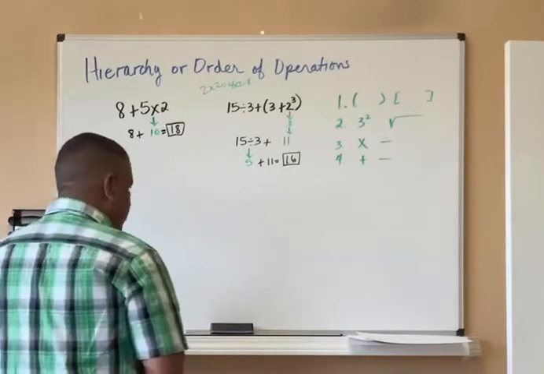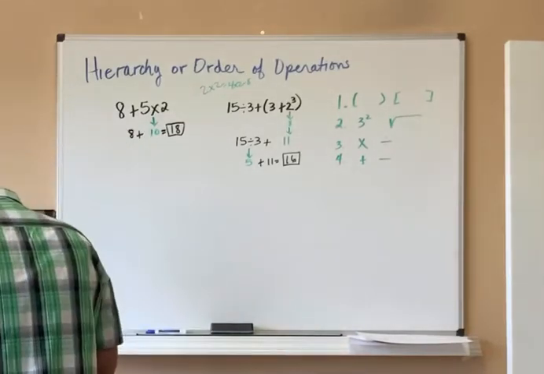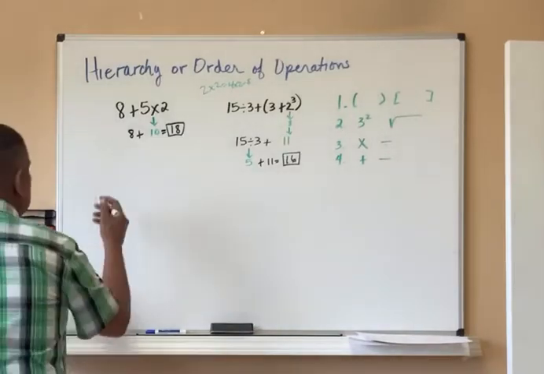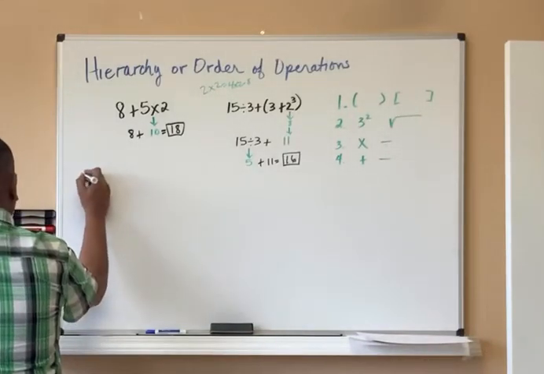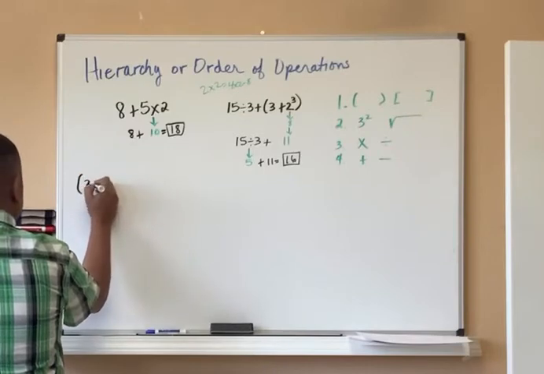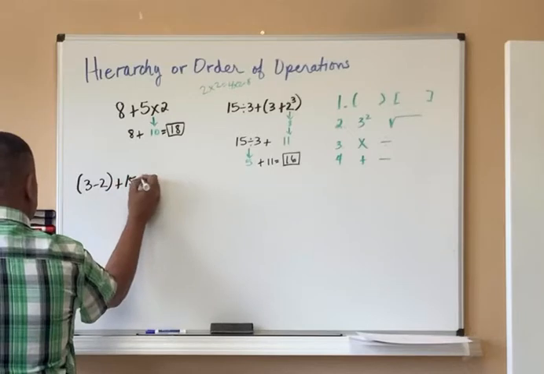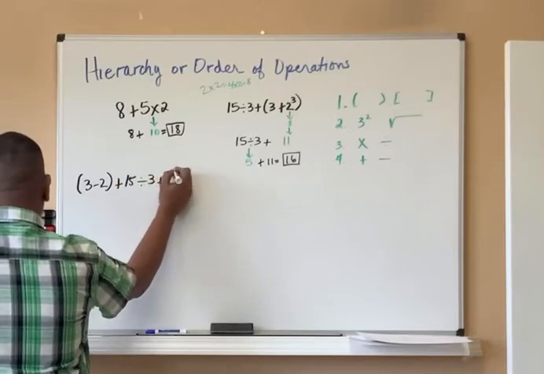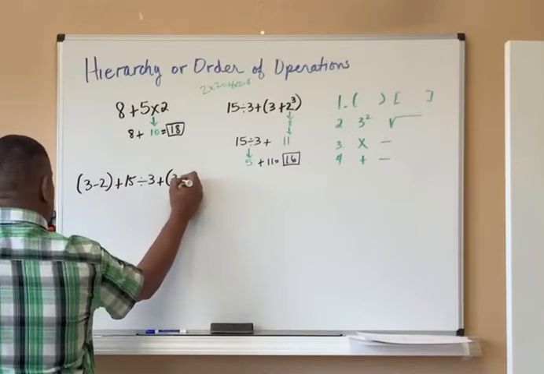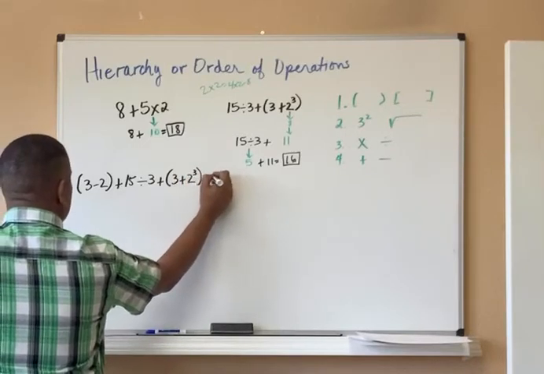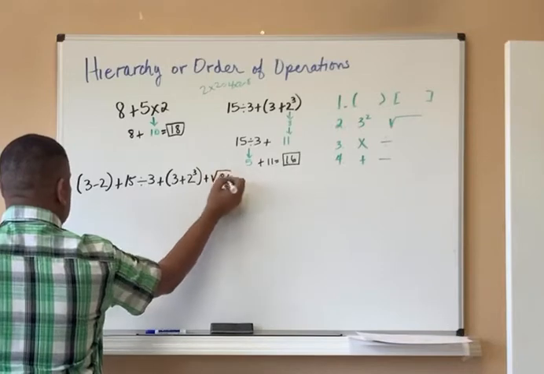Well, let's say, for example, we have, write down this problem. Parentheses, 3 minus 2 plus 15 divided by 3 plus 3 plus 2 to the third power plus square root of 81.